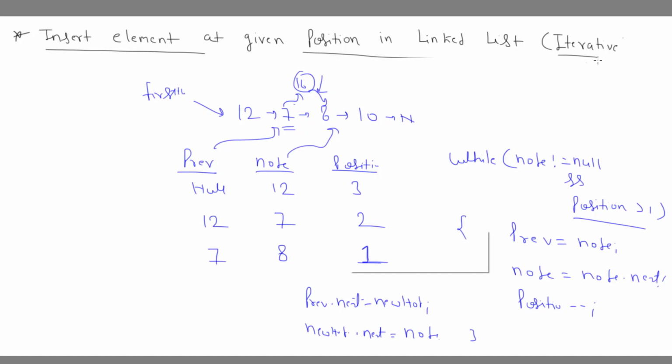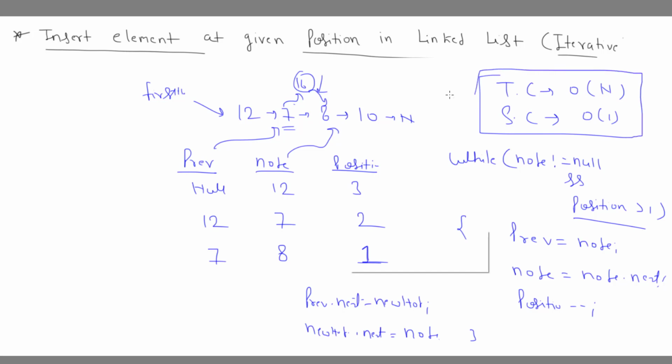So our time complexity will be big O of n, because at maximum we have to reach till the nth element. Now space complexity: we are just using 2 variables, first node and previous, so it is big O of 1, because we are just taking some constant variables, right?